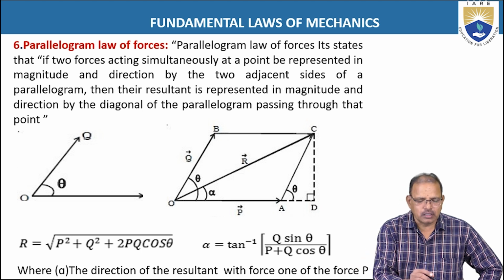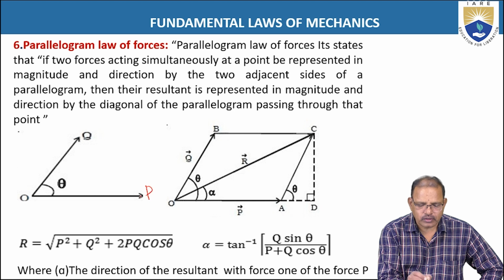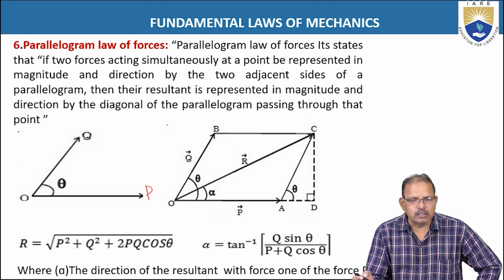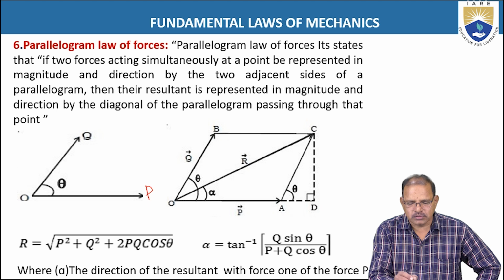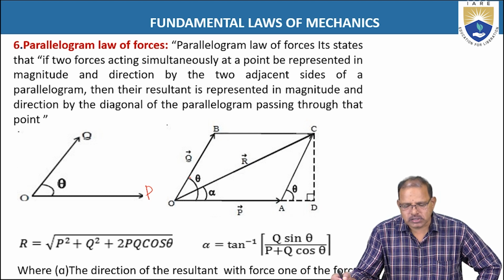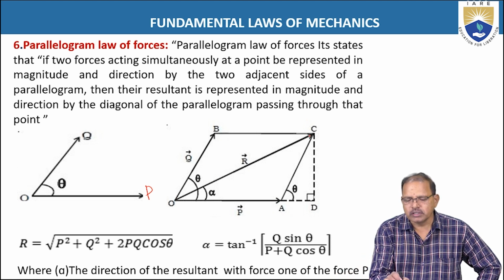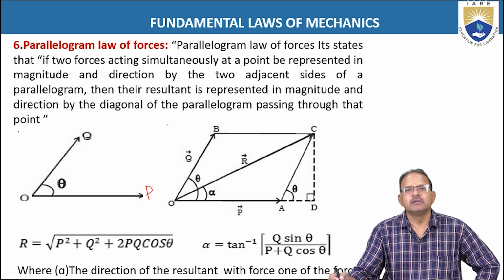Here, let P and Q be the forces acting at a point O as shown in the figure. These two forces can be represented as two adjacent sides of a parallelogram, OA and OB, both in magnitude and direction. Then the resultant of P and Q is represented by the diagonal passing through point O, known as OC, both in magnitude and direction.